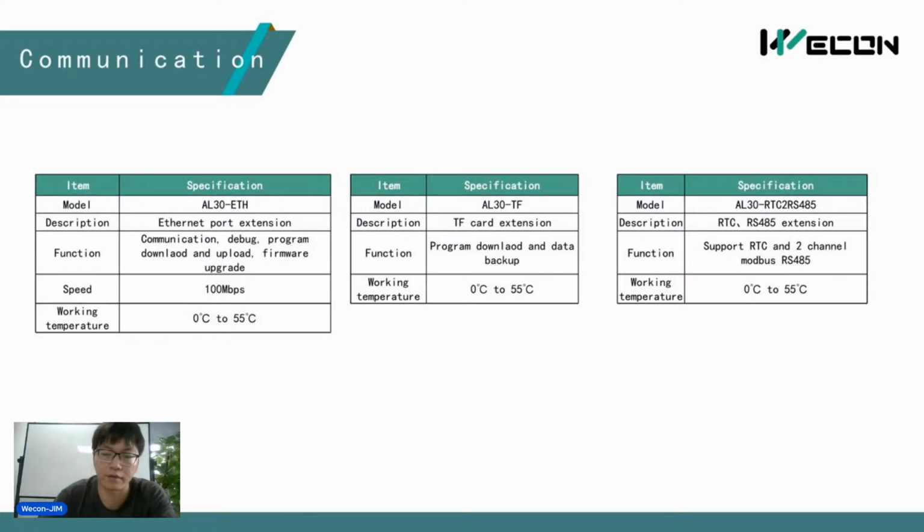And TF cards, as I said just now, we can use to download or export the project, and also do data backup. Last is this RTC and Modbus RS485 expansion. With RTC, we can do some logic control based on the time.